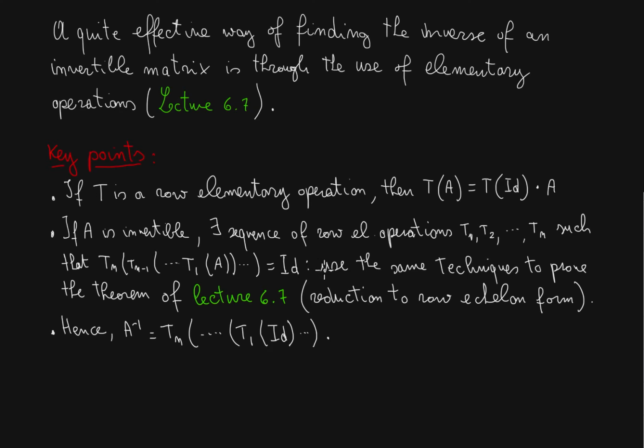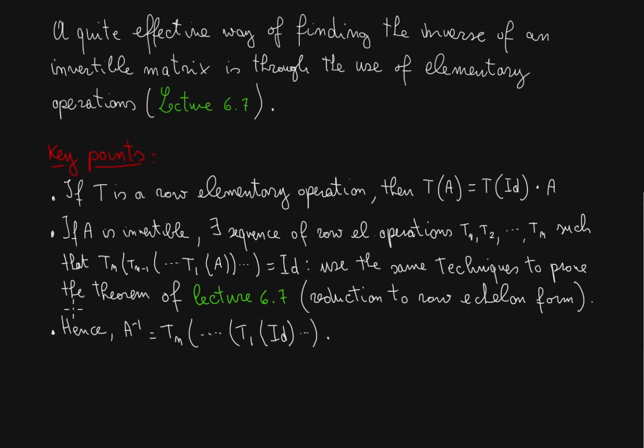To prove this statement, we use the same techniques that we used to prove the theorem of lecture 6.7, which was a reduction to row echelon form. It follows then that the inverse of the matrix A can be obtained just by applying to the identity matrix the sequence of row elementary operations from T1 up to Tn.